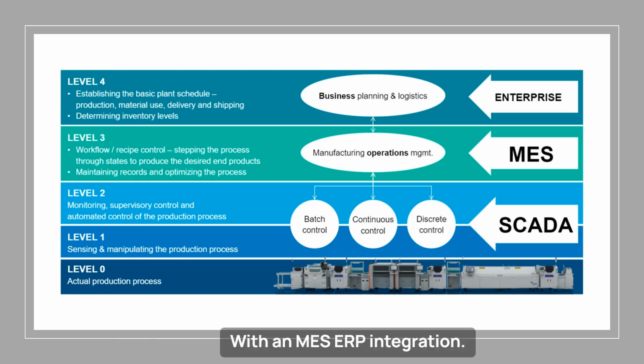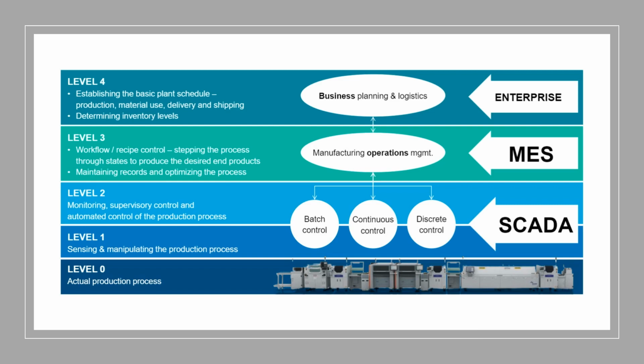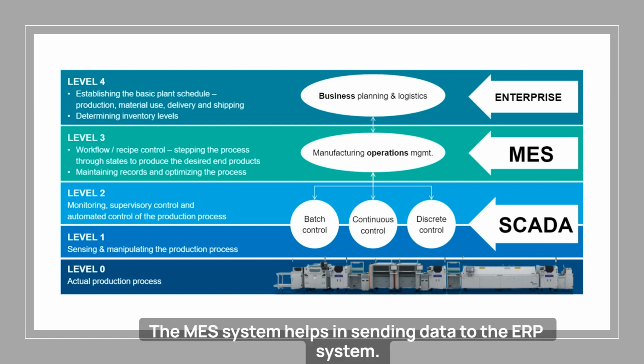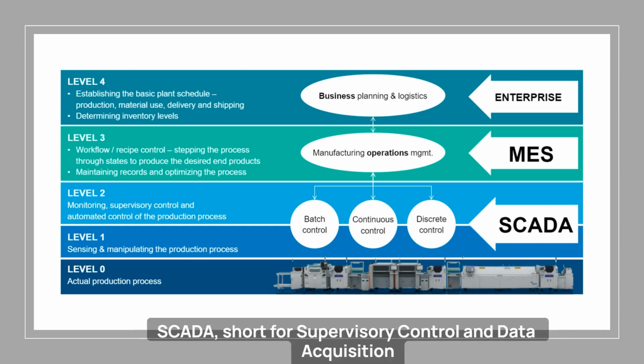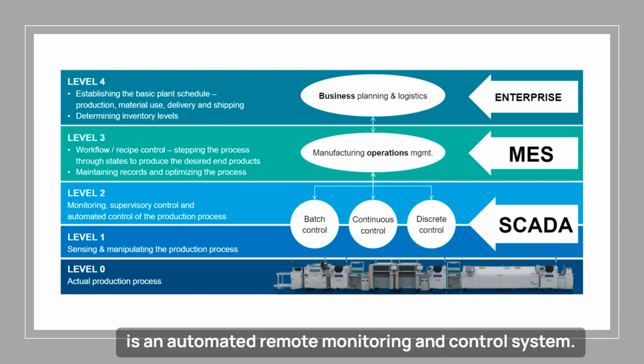With an MES ERP integration, the MES system helps in sending data to the ERP system. SCADA, short for Supervisory Control and Data Acquisition, is an automated remote monitoring and control system.